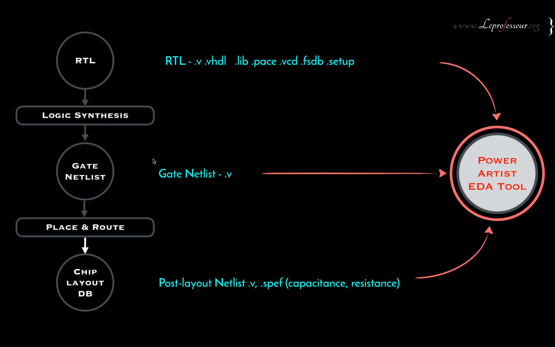All right. And when you have a synthesized netlist, you may want to check whether the netlist is optimized for power or not. If it's not optimized, then you may go back and fine-tune the logic synthesis tool. You may further constrain it in different ways, which are vendor specific, to give you a good netlist.